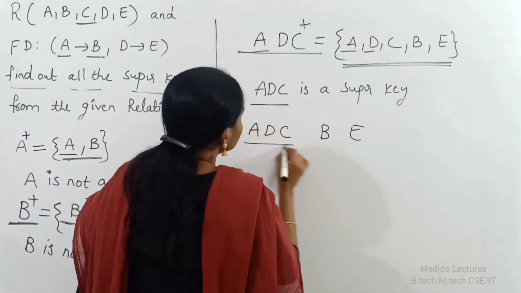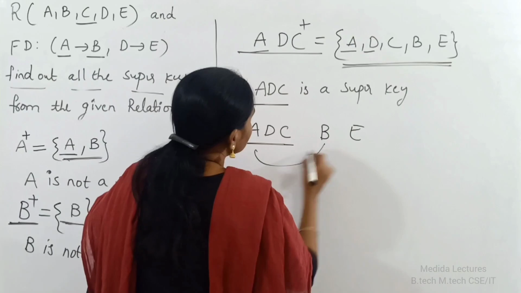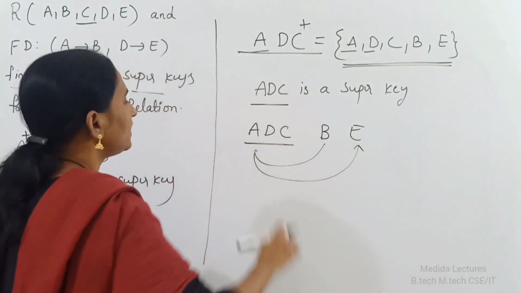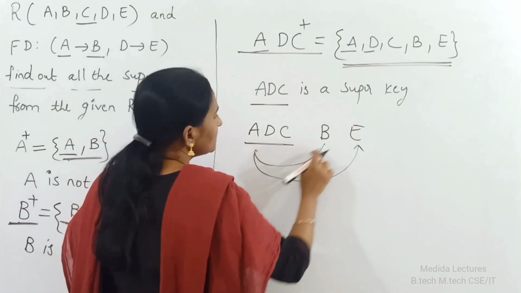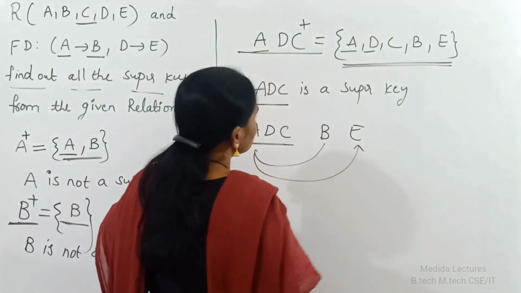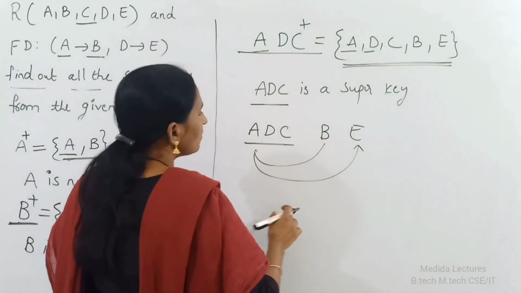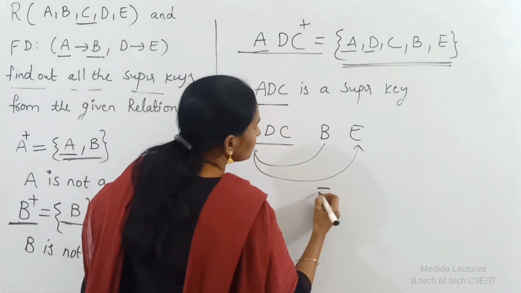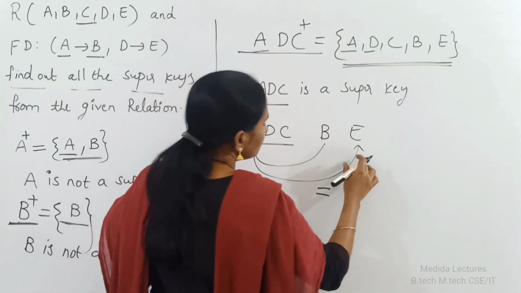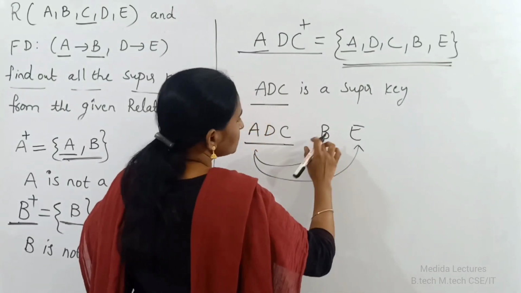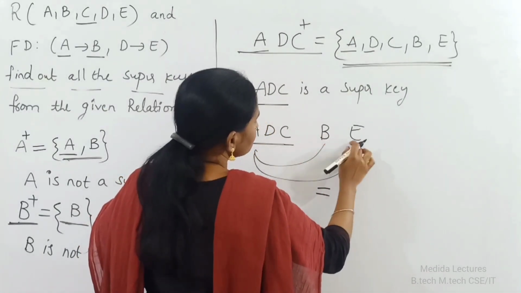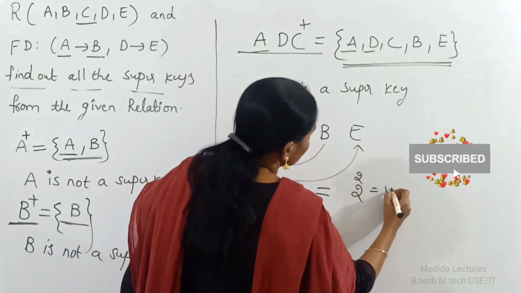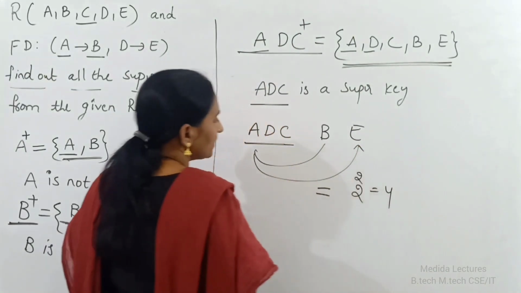If ADC is a super key, then its combinations with the remaining attributes will also be super keys. What are the possible combinations? I already explained in the previous video how to take the combinations. BE, how many attributes? Total 2 attributes, so 2 squared equals 4. We will get 4 super keys finally.